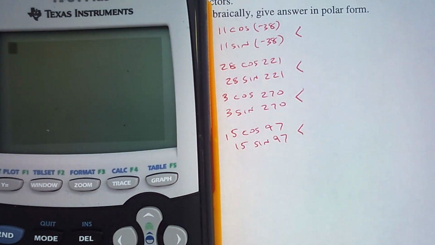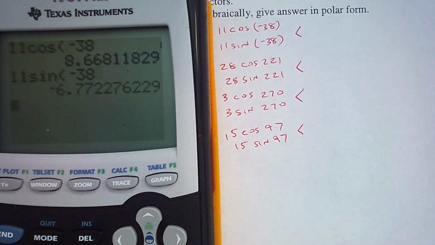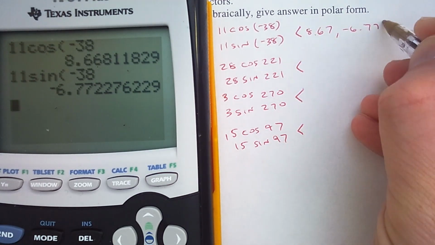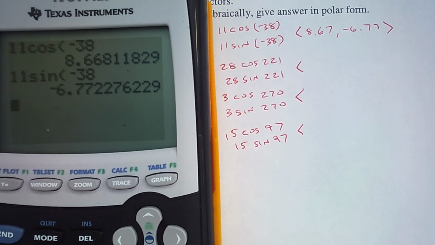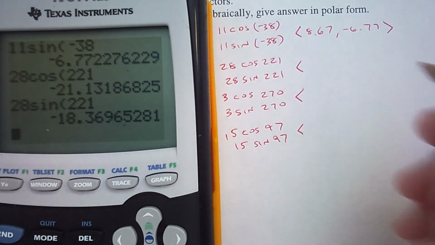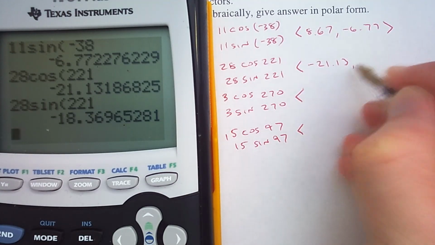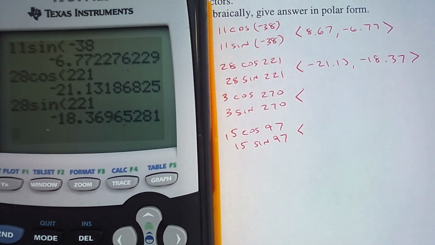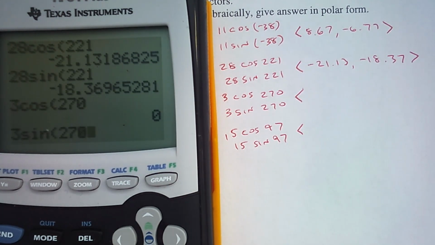Okay, so now I'll do each of the calculations. So 11 cosine negative 38 and 11 sine negative 38. So I have 8.67, negative 6.77. Okay, then I have 28 cosine 221 and 28 sine 221. Negative 21.13, negative 18.37. Then 3 cosine 270 and 3 sine 270.